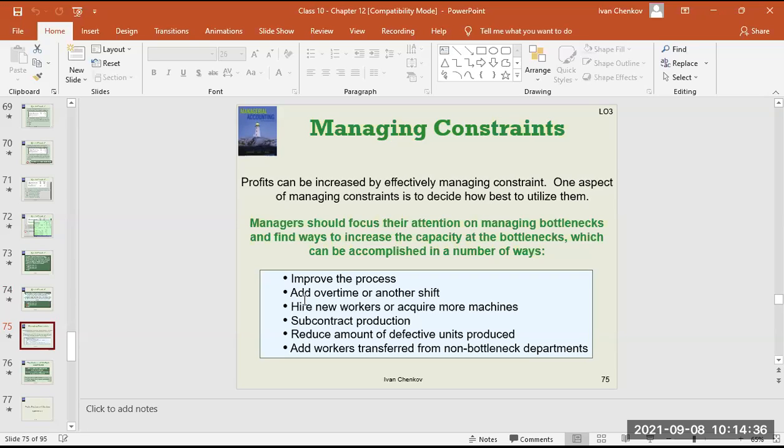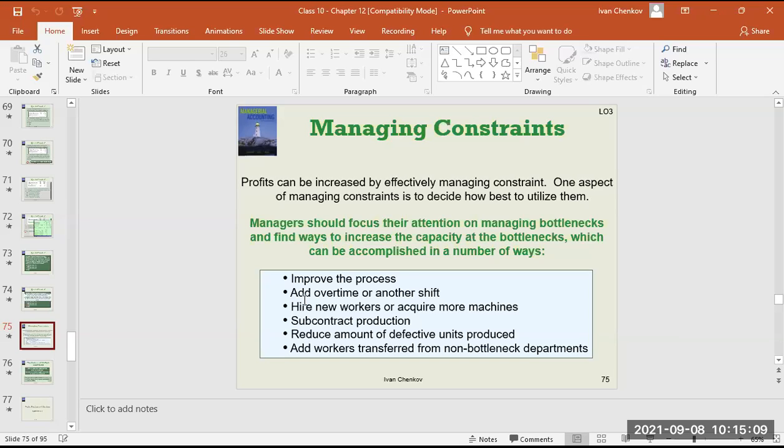How are we going to manage the constraints? Well, that's an interesting thing, because for different constraints, we have to use different techniques. Profits can be increased by effectively managing the constraints. So as a manager, you have to understand what your constraint is. You have to focus your attention on those constraints and figure out how to manage them.